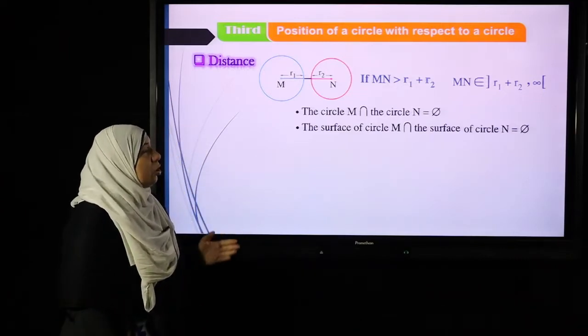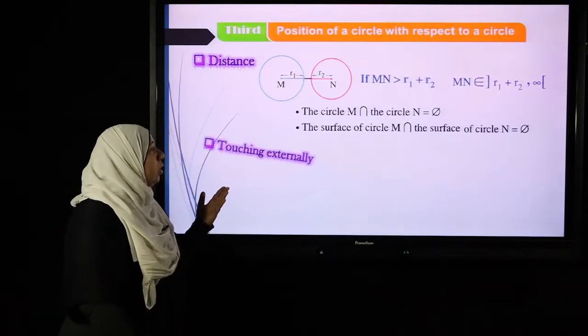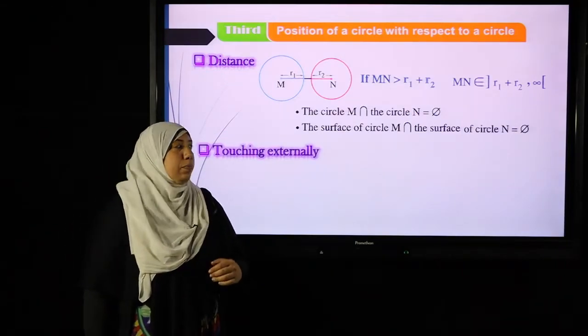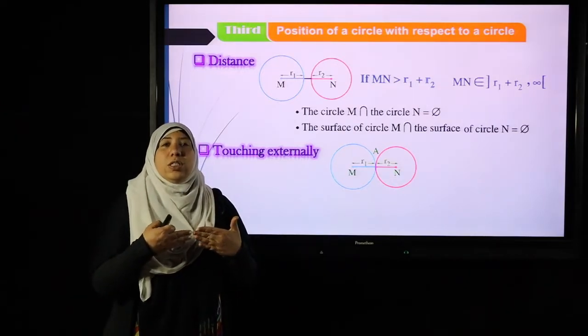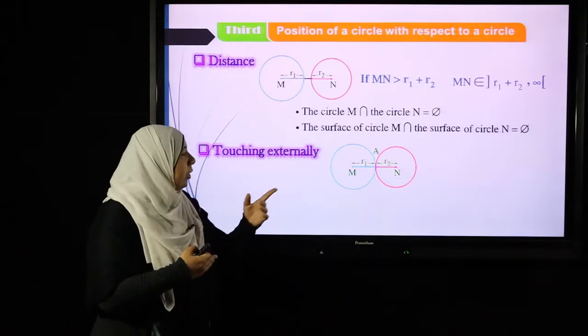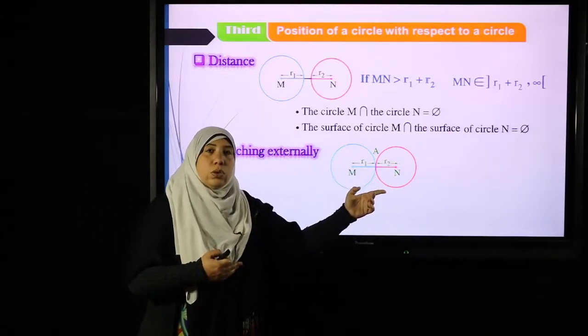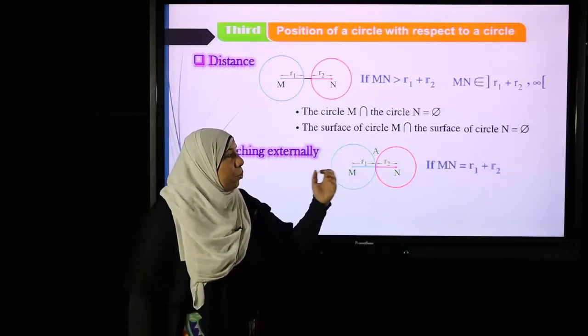The second position: if the 2 circles come closer to each other, they are called touching externally. These 2 circles only touch each other at the point A. You will find that the distance from one center to the other is equal to R1 plus R2.